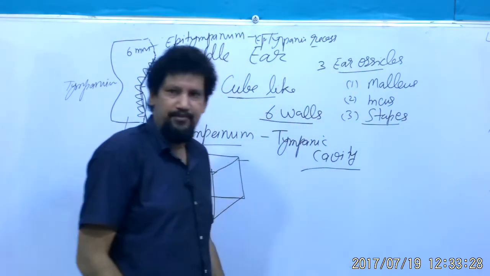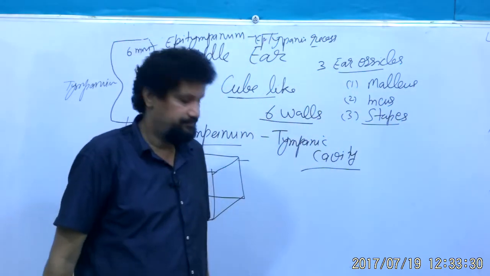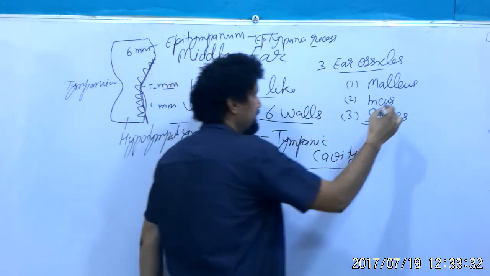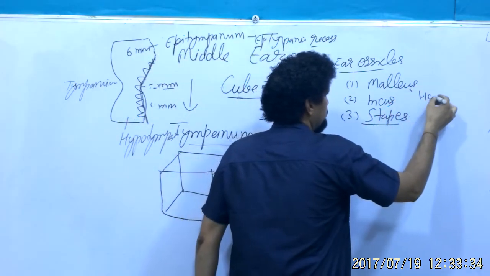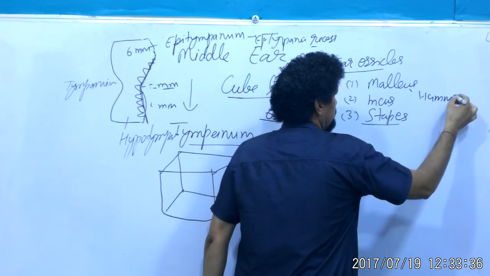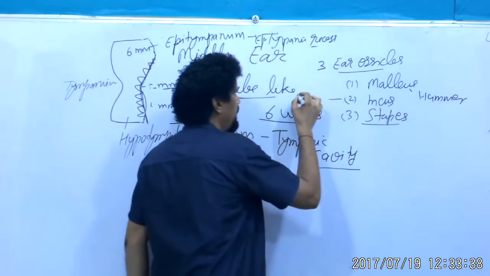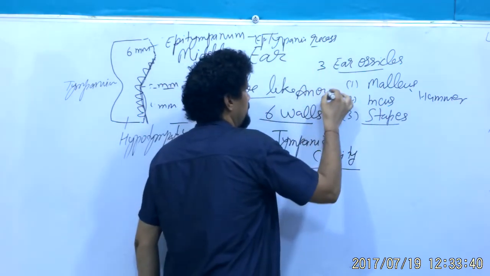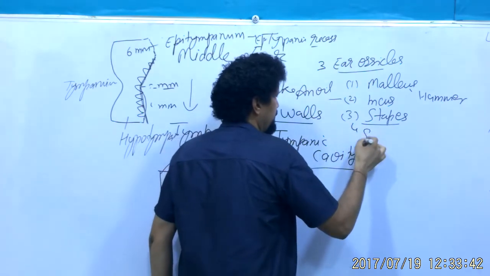These are named according their shape. So this is hammer like, this is anvil shaped, and this is stirrup shaped.